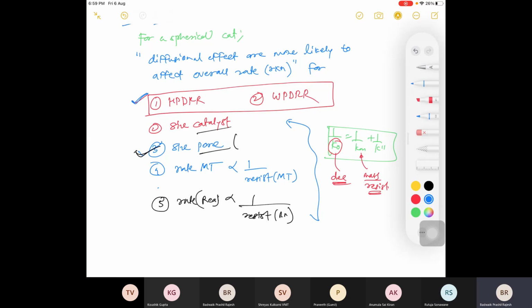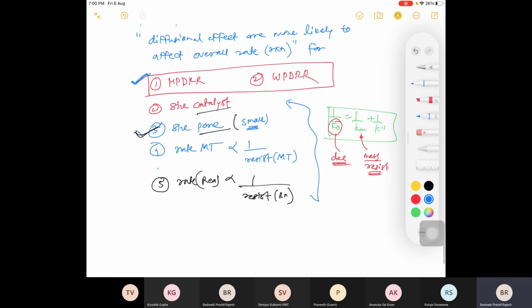Pore size, not particle size. See what happens. Suppose there is high resistance to mass transfer. High pore diffusion resistance means high resistance to mass transfer. That means there is no proper diffusion, so resistance is high. That means your reactant is not able to move inside, which means size of pore is small. That's why it is not able to go inside. So size of pore is small. This was asked in 2000.